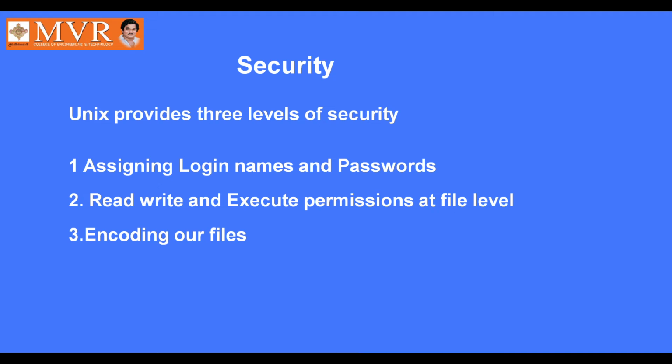If you give write permission, anyone can write, meaning update the contents of the file. If you give executable permission, anyone can execute that file. If it is an executable file, it can be easily executed. These are the 3 permissions each and every file will have in Unix.